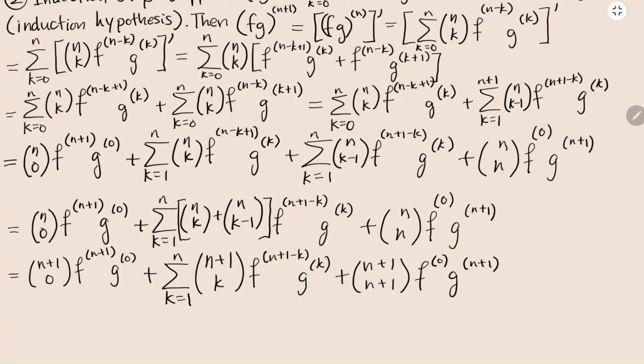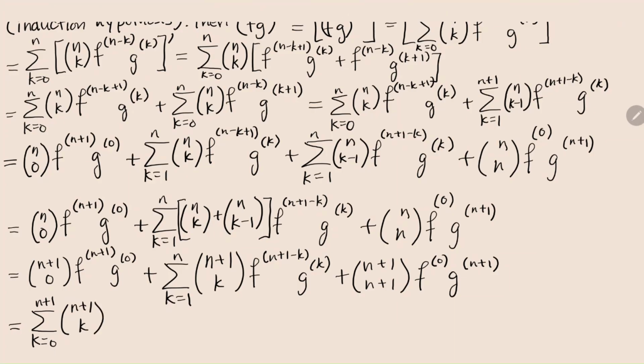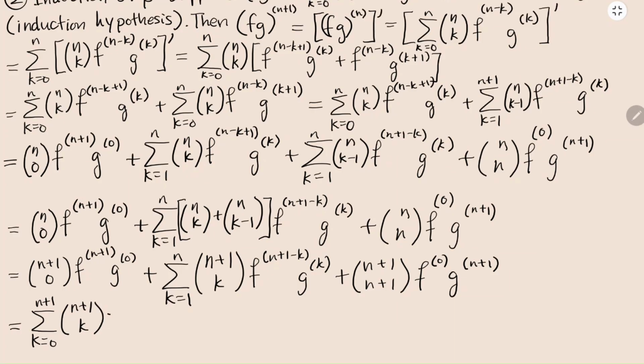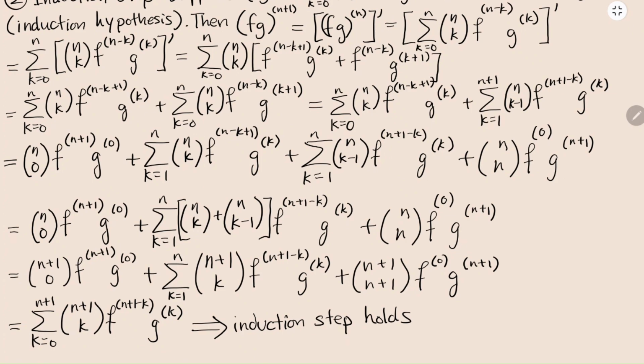So essentially, all this boils down to the sum from k equals 0 to n plus 1 of n plus 1 choose k, f^(n+1-k), g^(k). All right, and this is good. This implies that the induction step holds. Okay, we got it into this form.